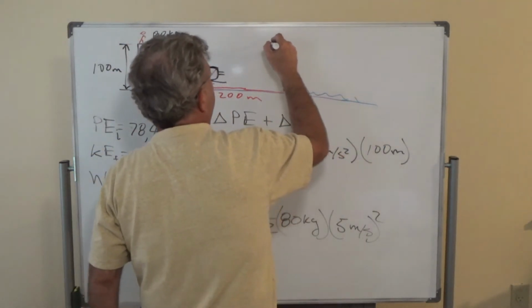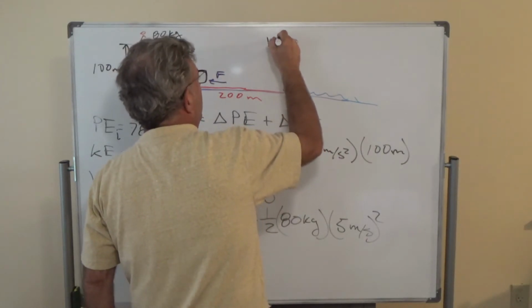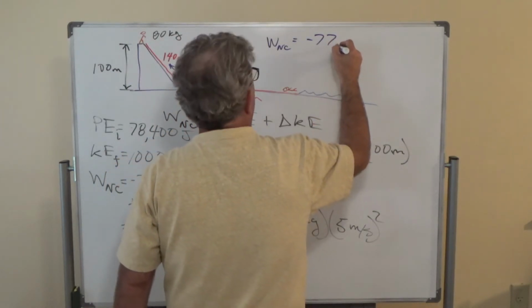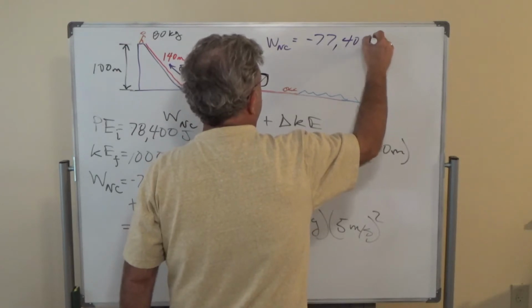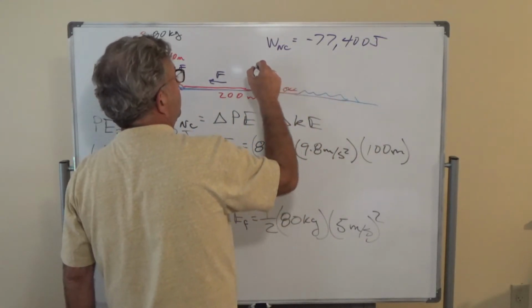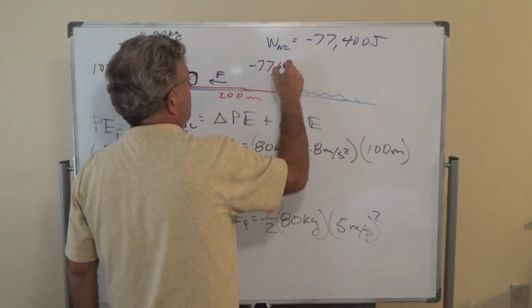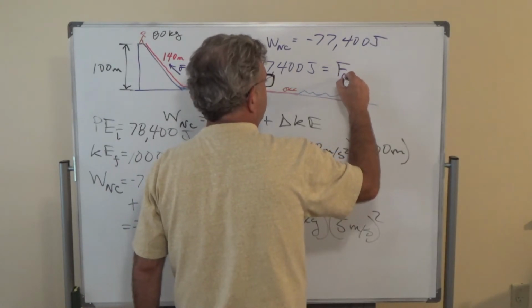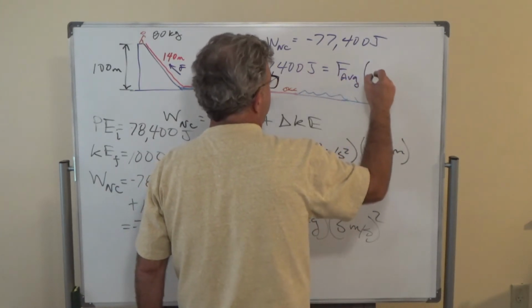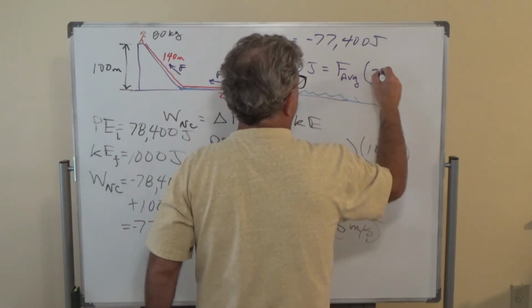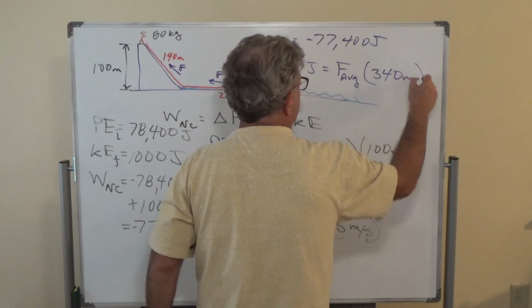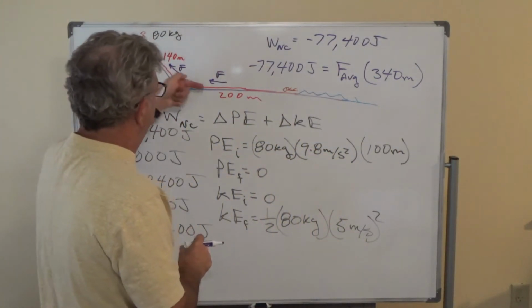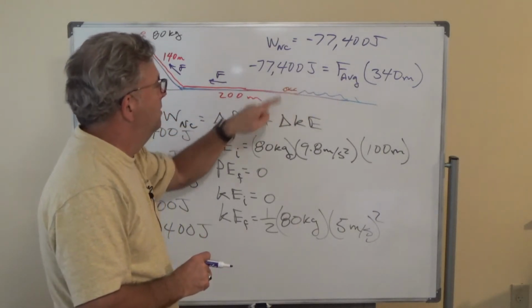So the work done by the non-conservative forces is negative 77,400 joules. And so that negative 77,400 joules is equal to the average force times 340 meters. That's the distance traveled. So if I'm calling this the positive direction, F average will be negative.